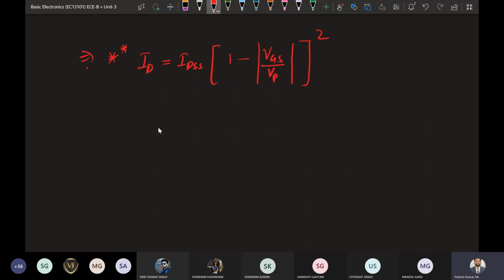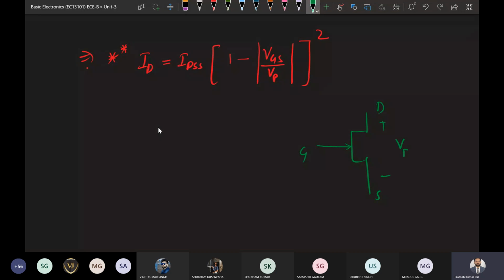And now before going to the description of different voltages, we will just go through how the current and voltages are related in case of JFET. So here this is gate, this is drain, and this is source.